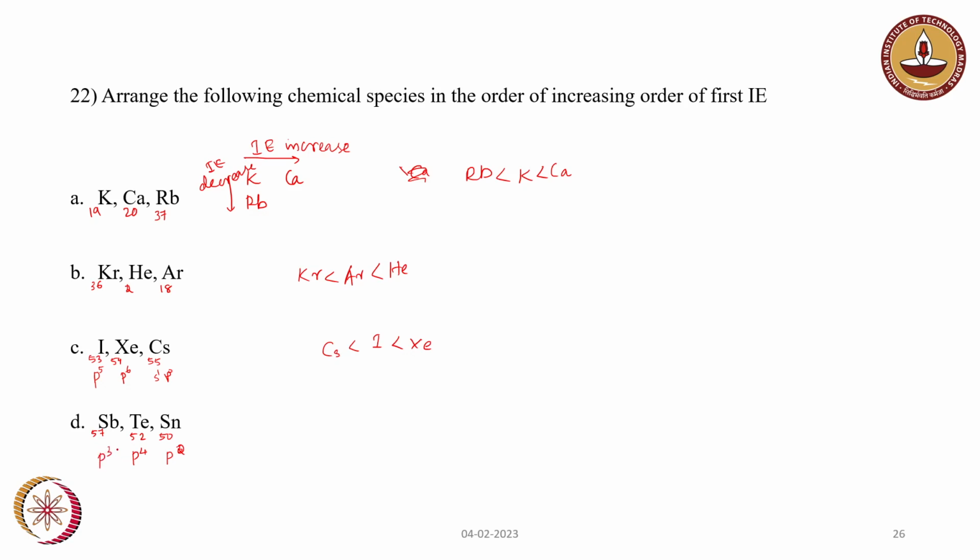So it will be difficult to remove one electron from antimony because it has a half-filled stability. So it will be higher. Then tellurium, then tin.